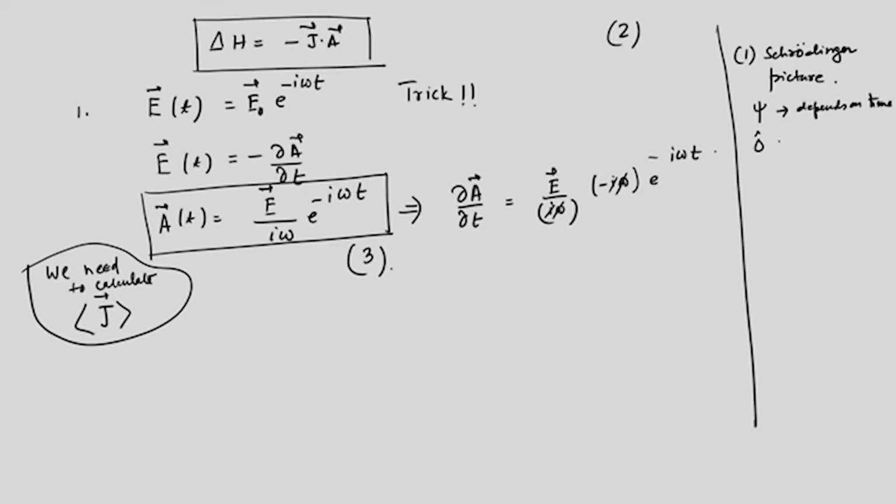So, let us call any operator as not depending upon time. Okay. So, this is the Schrodinger picture, and then we have the Heisenberg picture, where it is just the opposite, that is psi does not depend on time.